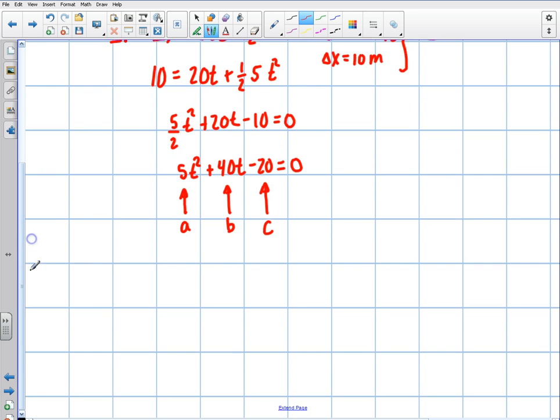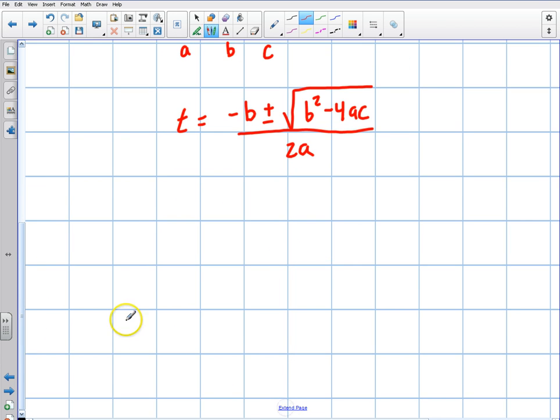So as I continue down here, I'm going to write up my quadratic equation: t, the time, equals negative b plus or minus the square root of b squared minus 4ac, over 2a. So that's my standard quadratic equation, and I'm going to plug in my variables now.